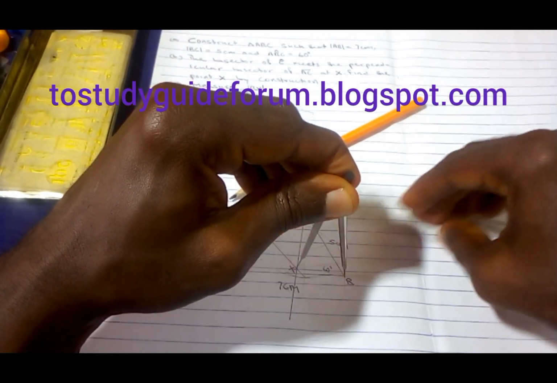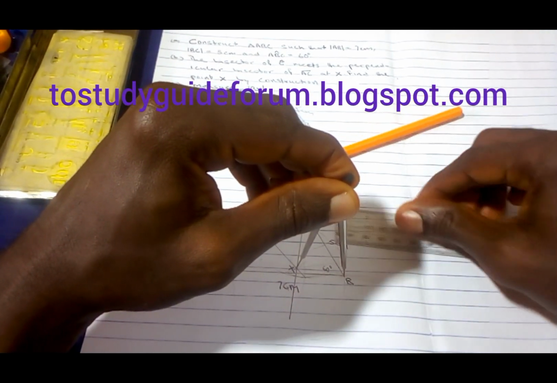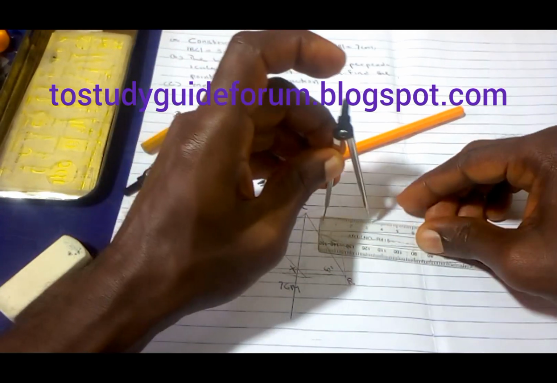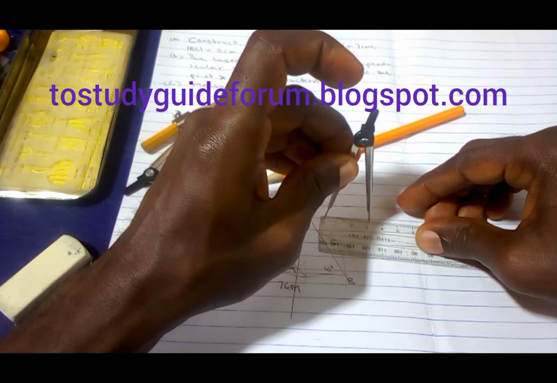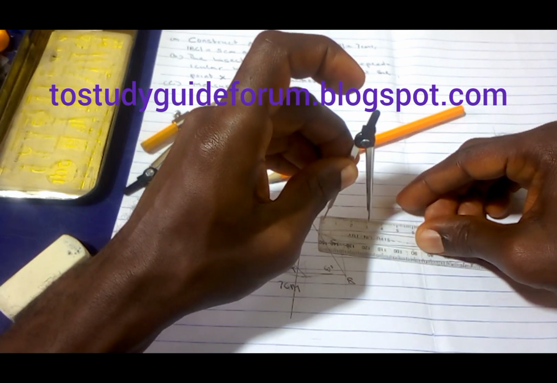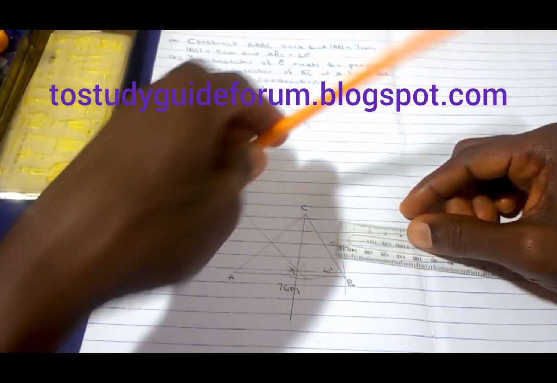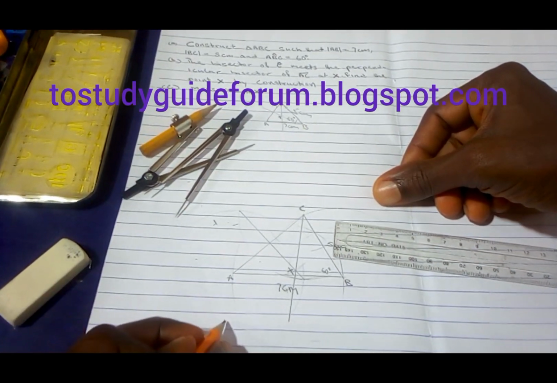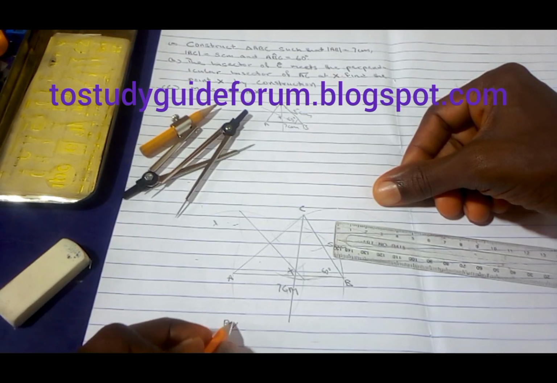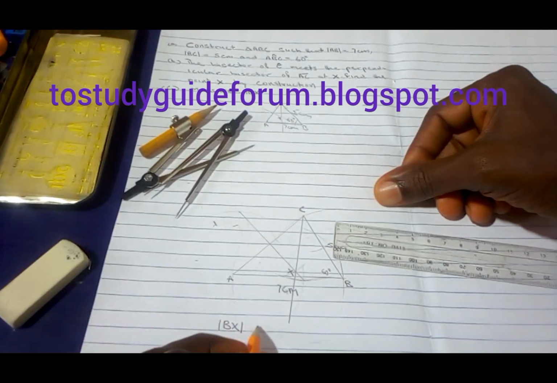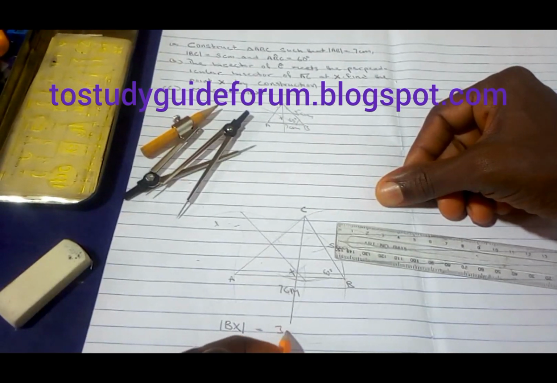Then we carry it and measure it on our ruler. What we have here from the ruler is about 3.1. That is BX is equal to 3.1 cm.